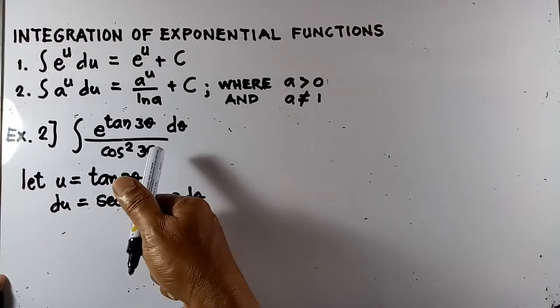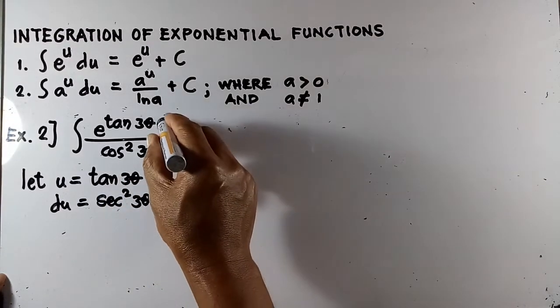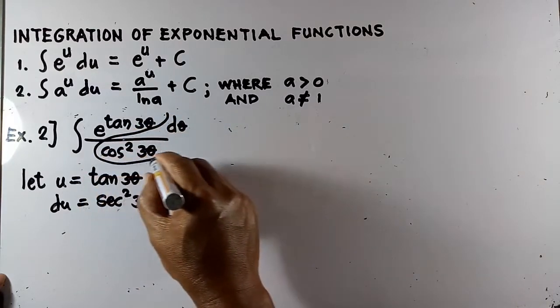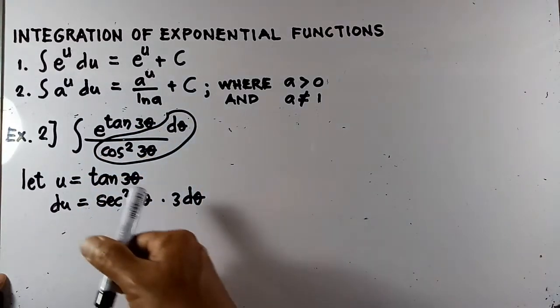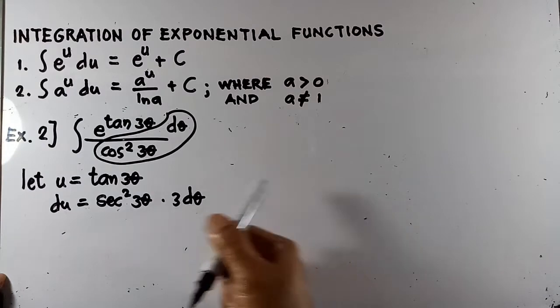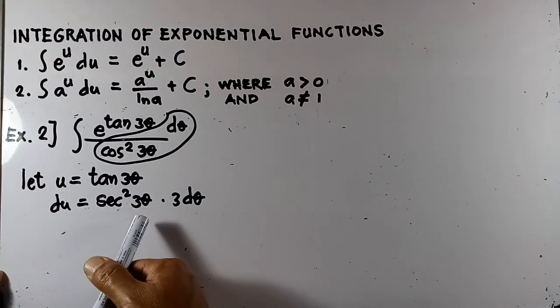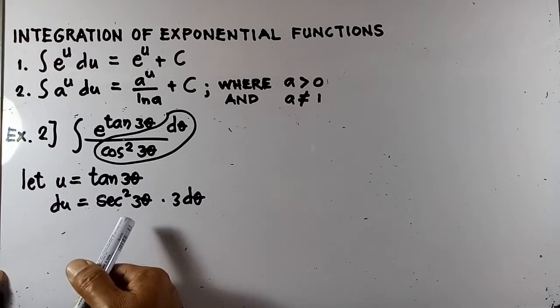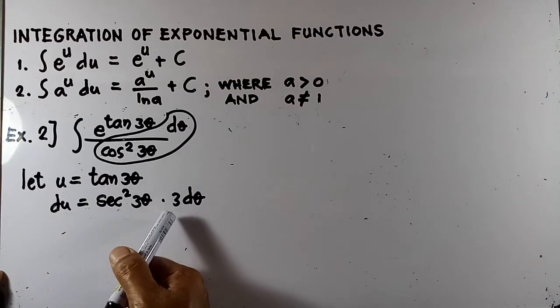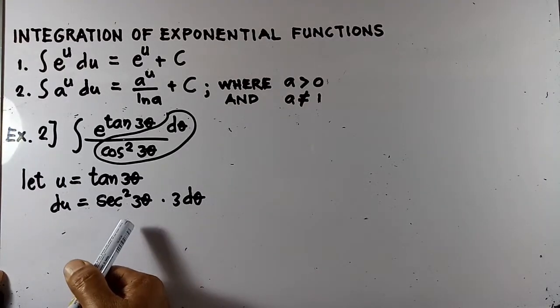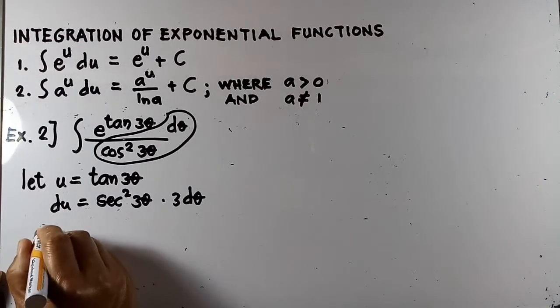Kaya rin nun, dito sa ating problem, meron tayong factor na d theta divided by cosine squared of 3 theta. So, ang gagawin natin, solve natin yon in terms of du. So, multiply both sides by 1/3.